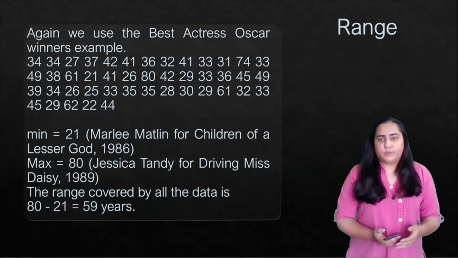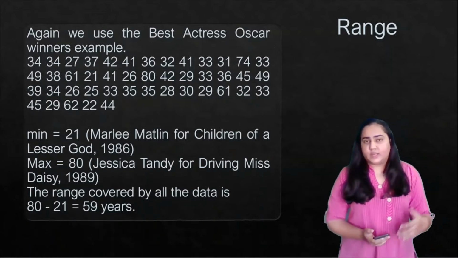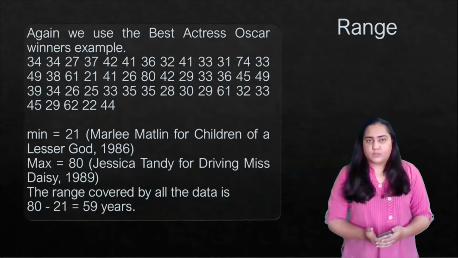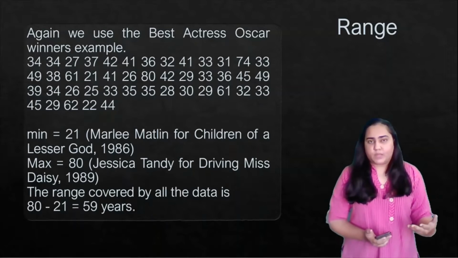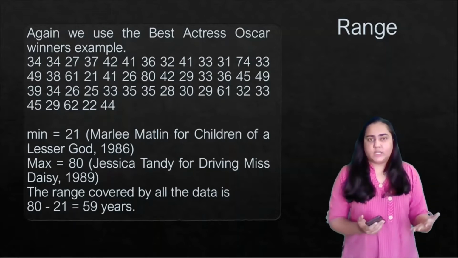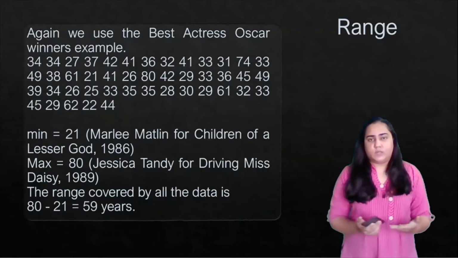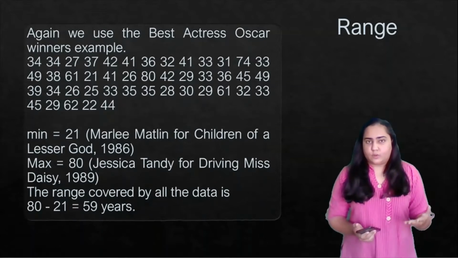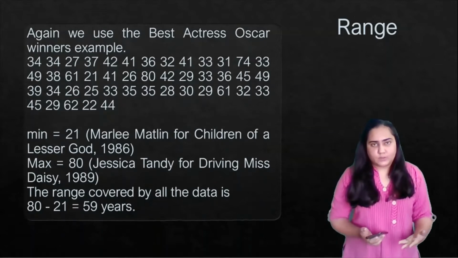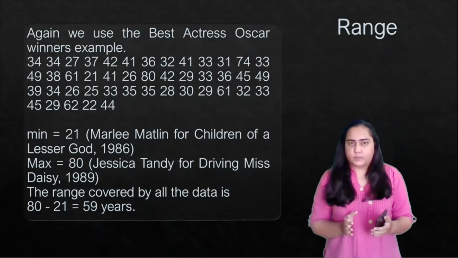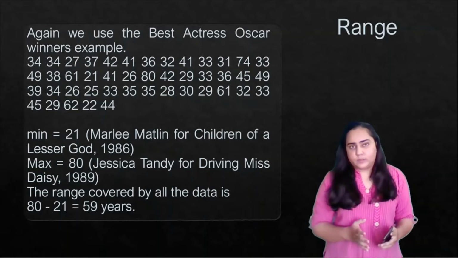What it basically gives is different names of different actresses and their ages when they won an Oscar. This data is from 1970 to 2013 of actresses who won an Oscar award for being the best actress. And what you see right here are the ages of those actresses.